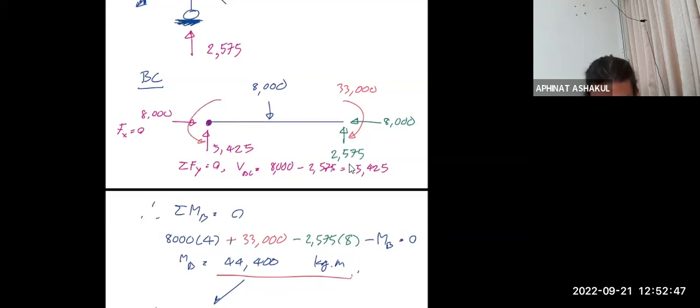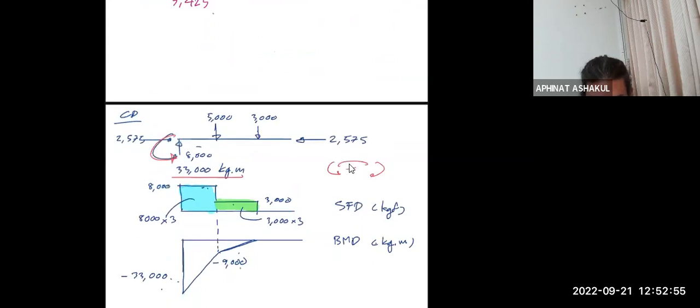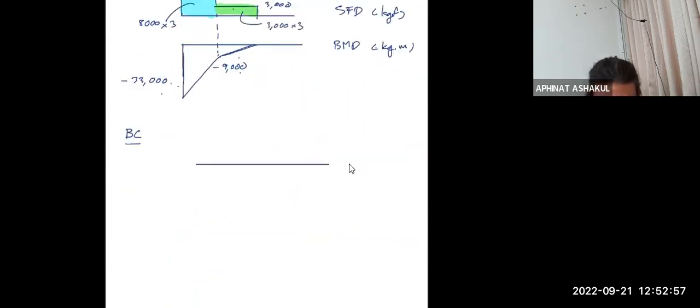Okay. That's your complete free body diagram. Come back here, you now have moment here. Let's put the shear back on first, it's easier.